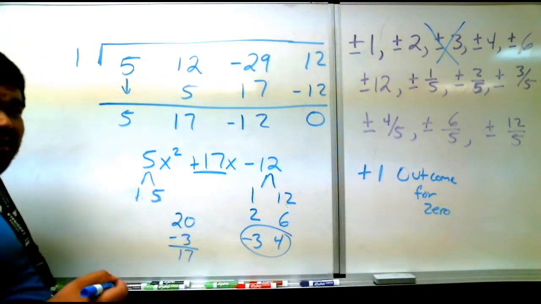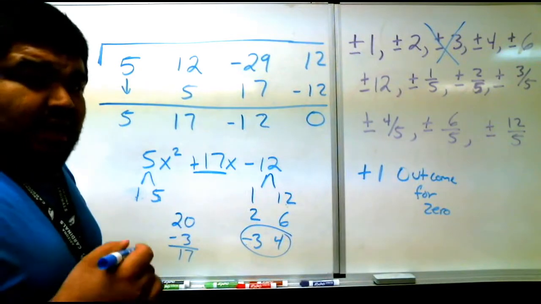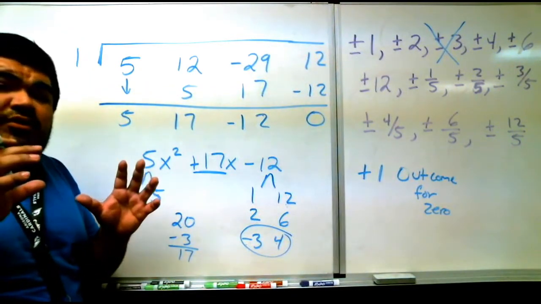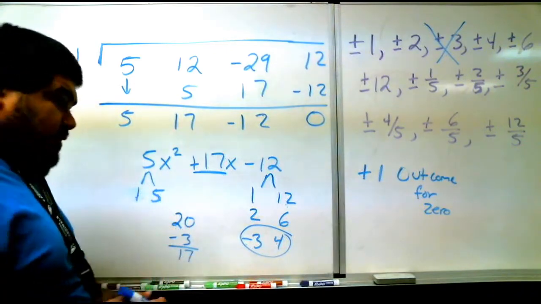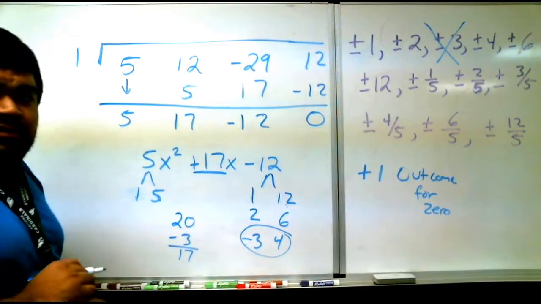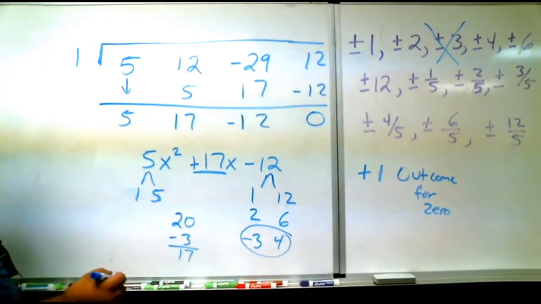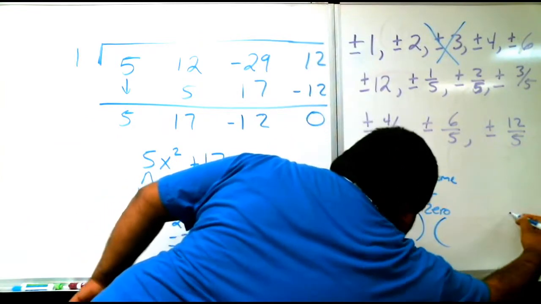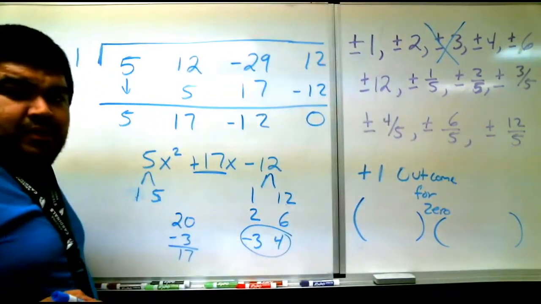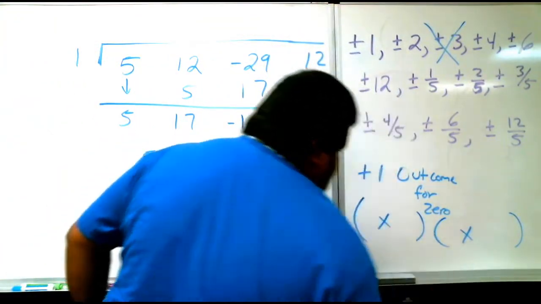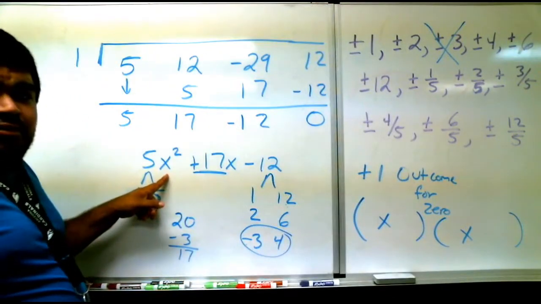The way we set it up, guys, is I've always said, always put your x's first. In this case, let's put it over here on the side. Okay, so we have x here and x here, because remember, your original problem is x squared.